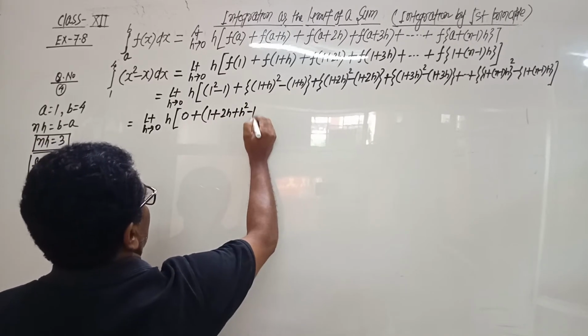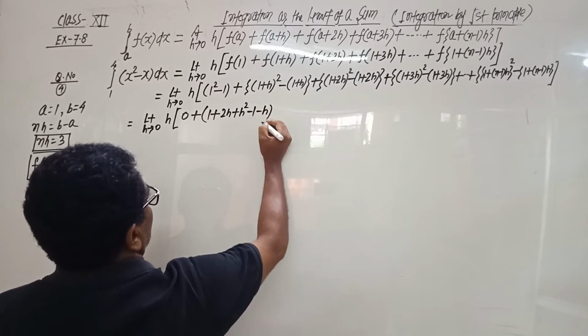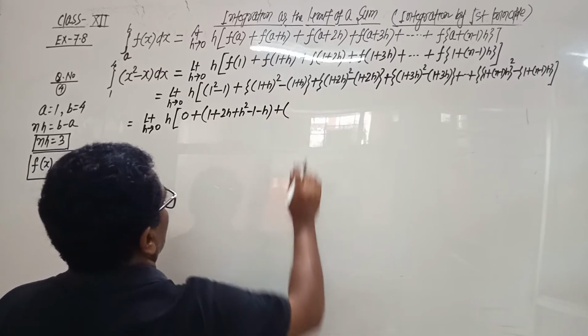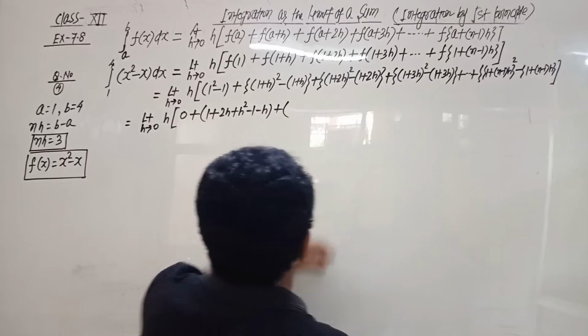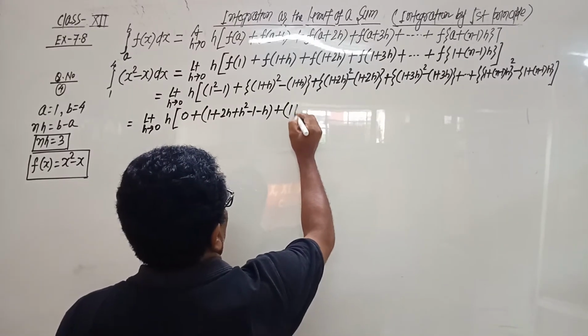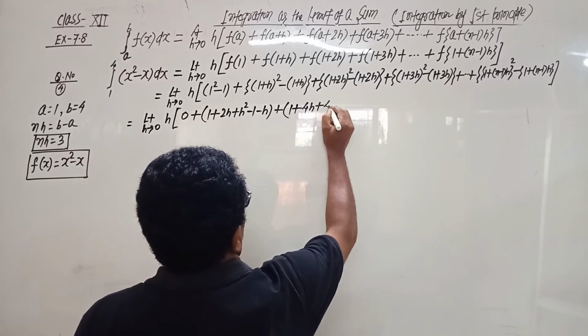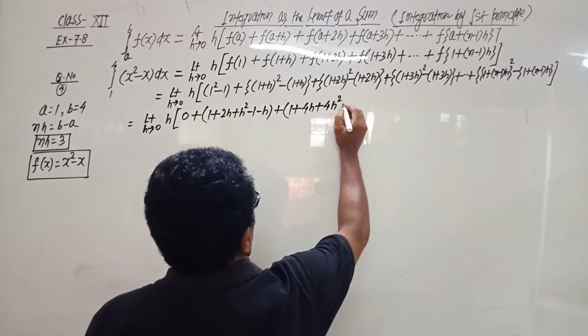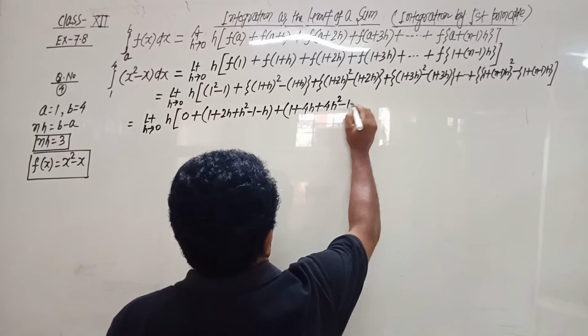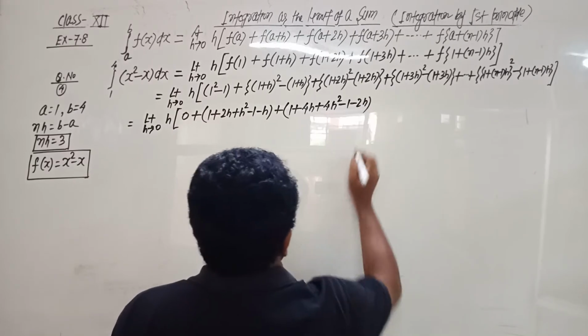Then minus 1 minus h, plus (1 plus 2h) whole square: 1 plus 2ab means 4h, plus 4h square, and minus 1 minus 2h.